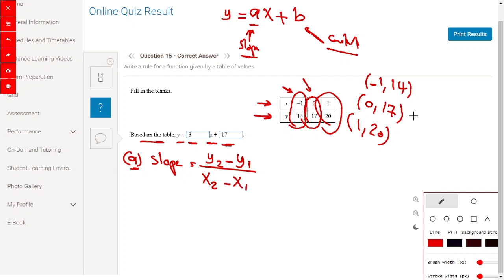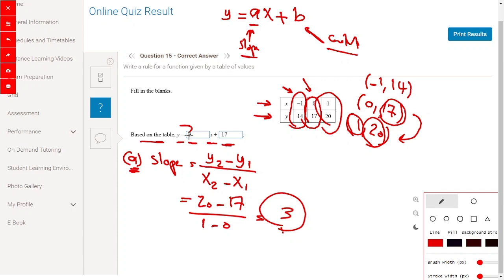For example, let's take 0, 17 and 1, 20. So let's substitute in this equation. So y2 here is 20. So 20 minus 17 divided by 1 minus 0. So the slope will be 3. So a will be 3.